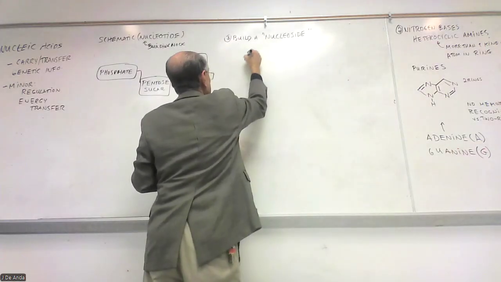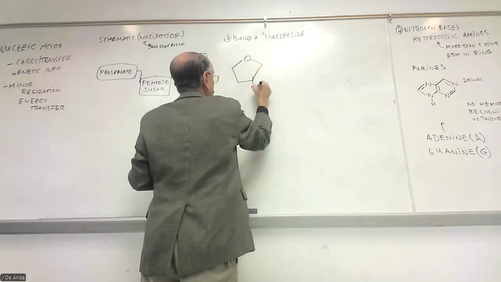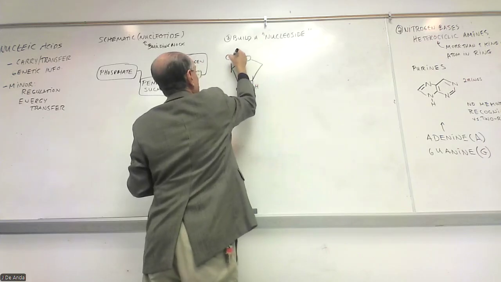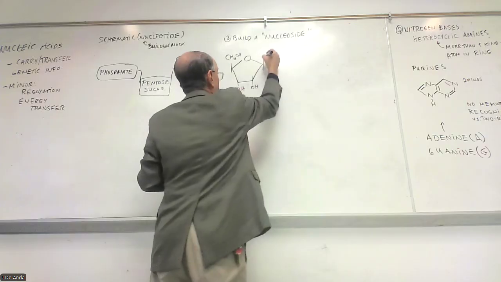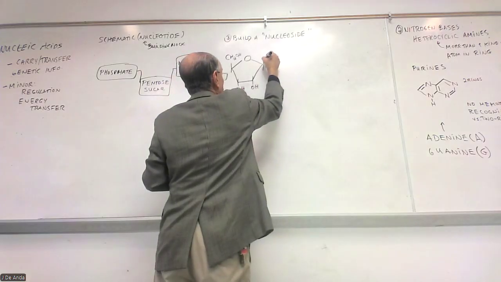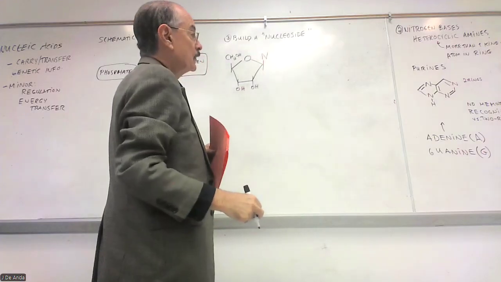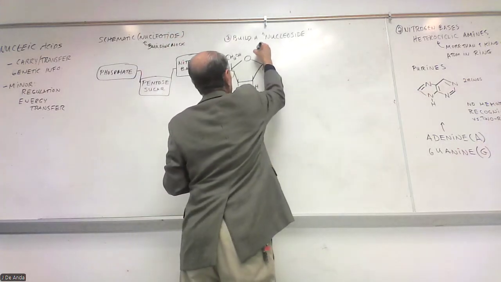So this is again our pentose sugar. Forget the OHs are facing down. The anomeric carbon is in the beta form. But remember that this is now going to be an N in here. Okay, so let's do adenine.